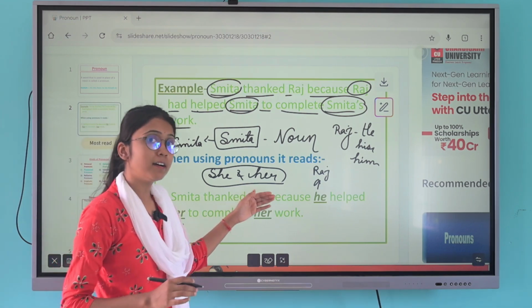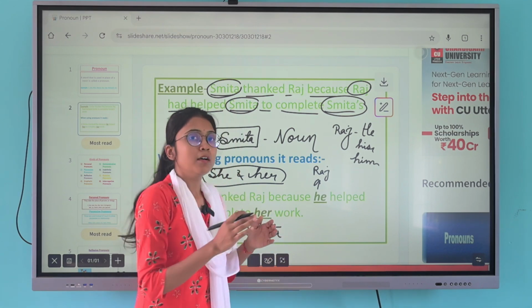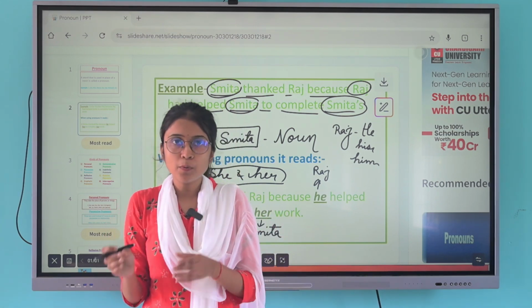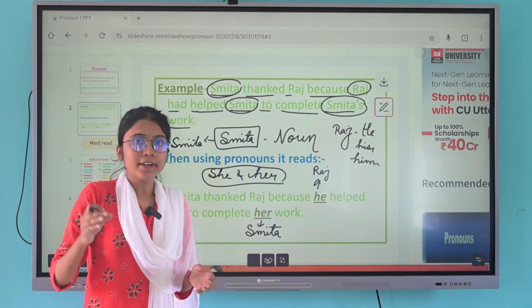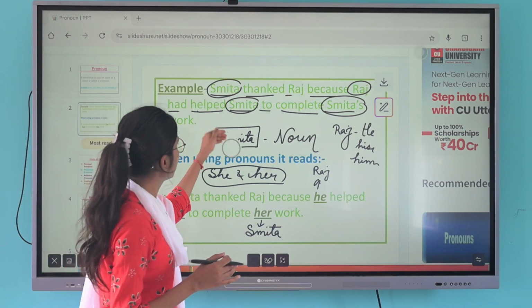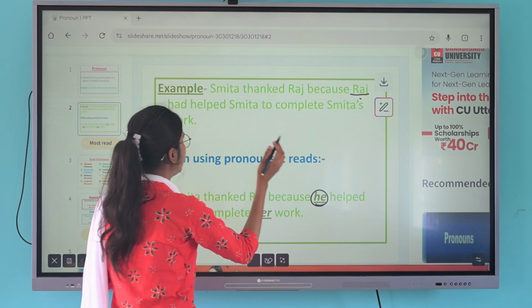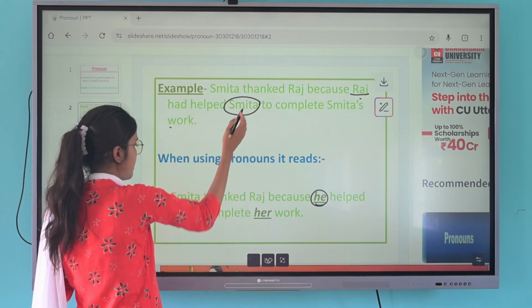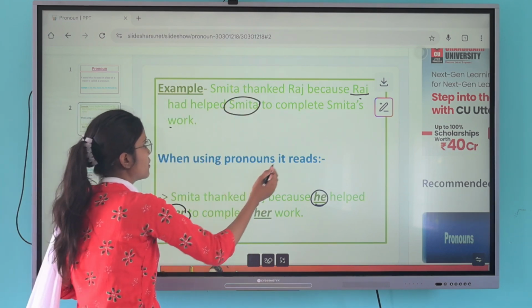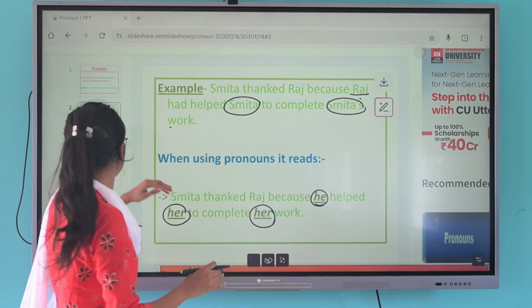To complete her work. Her is also for Smita. So pronouns are used to replace or avoid the repetition of the nouns. Here we see Raj is replaced by he and Smita is replaced by her, and also here Smita is replaced by her. So understood?